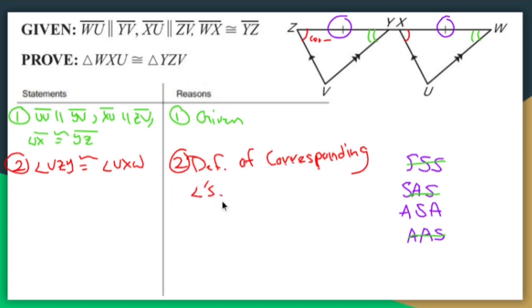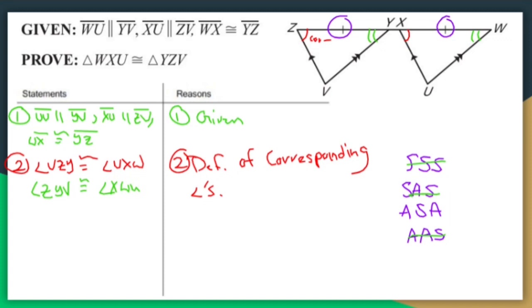Ready to kill two birds with one stone? Let's say that in the same exact statement. Why repeat myself? Let's say angle ZYV is congruent to angle XWU for the same exact reason. And if you're like, oh, you could do that in one step, why not?